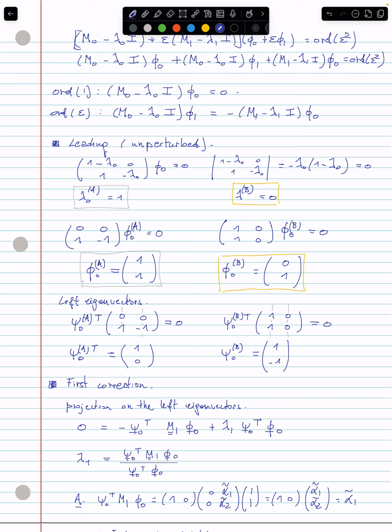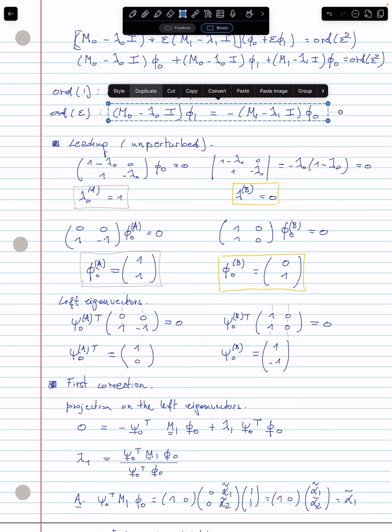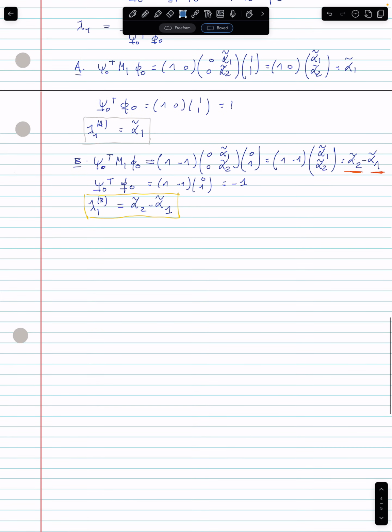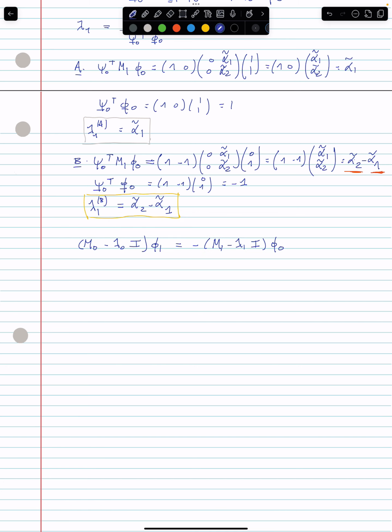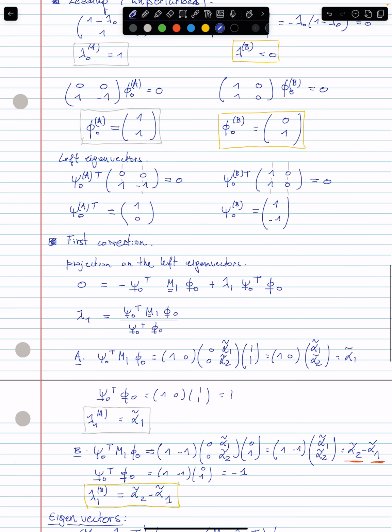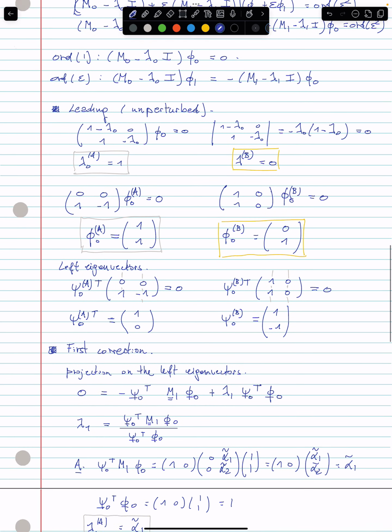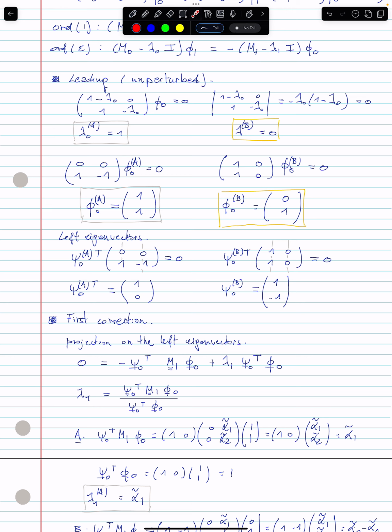So I need to copy this, and the last step will be to solve this in order to get the eigenvectors. We come back to that. So let's consider the first one. M0 minus lambda 0 I is this matrix here.